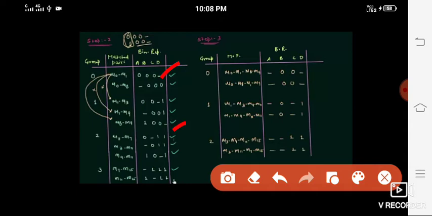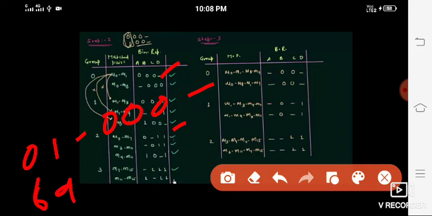Comparing 0 1, values will be 0 0 0 underscore. Here also dash is there, that value will be m8 m9. So 8 9, those values will be 1 0 0 underscore.